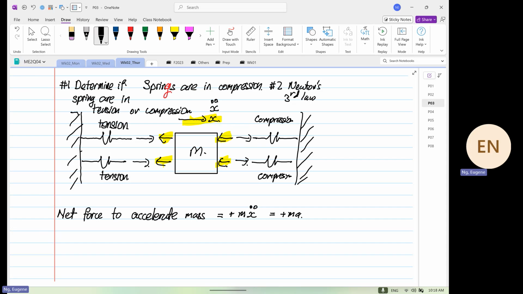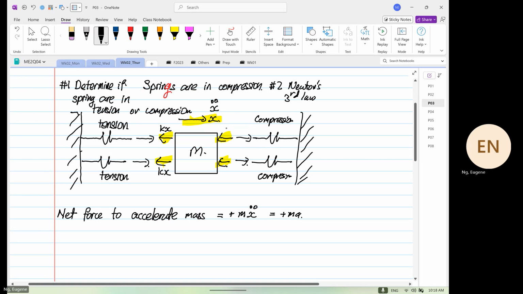The red arrows, all these are our kx. Okay, so the net force acting on the spring is equal to, right?